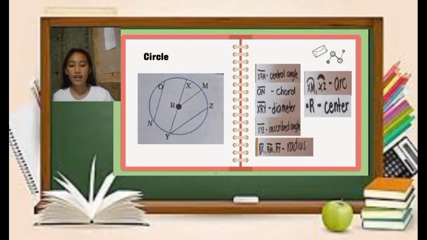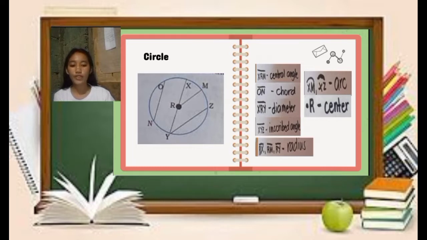Next is the diameter. It is a line segment that has an endpoint on the circle and passes through the midpoint or center. It is the longest chord, or it's twice the size of the radius. So in the figure given, diameter is line XRY or YRX.